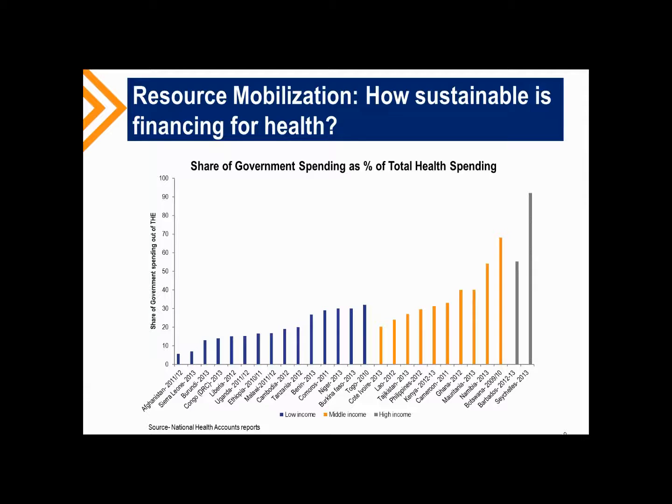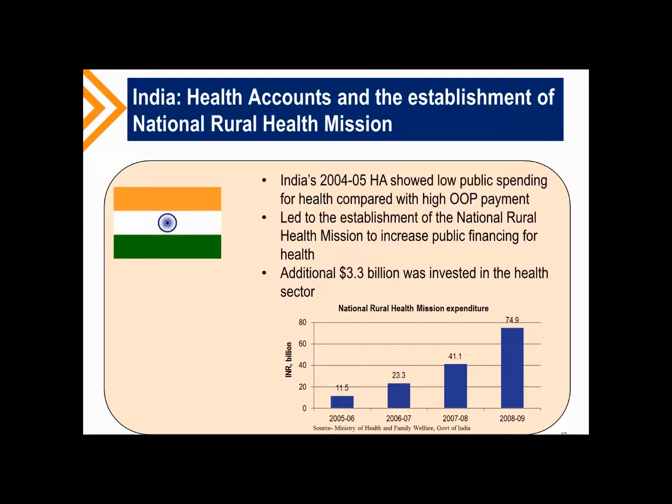And so countries can use data like this to conduct deeper dives around particular health service or disease areas that have low government funding or particularly high donor funding, and they can use this information to develop plans to sustainably fund these areas going forward. Let's look at a particular country example.